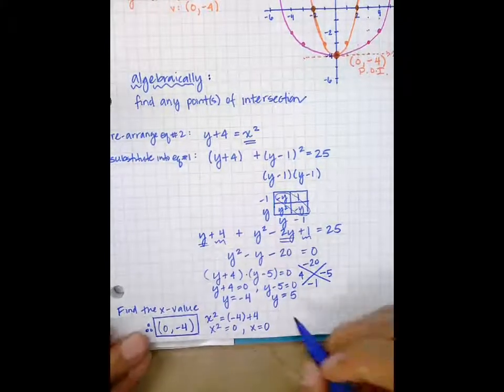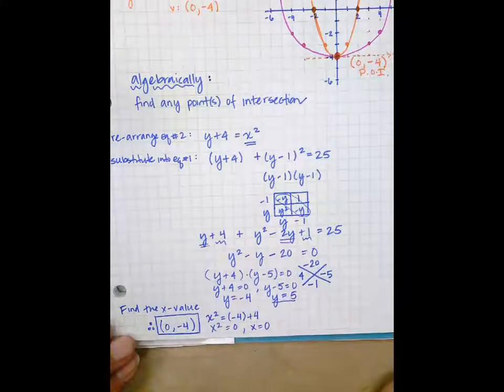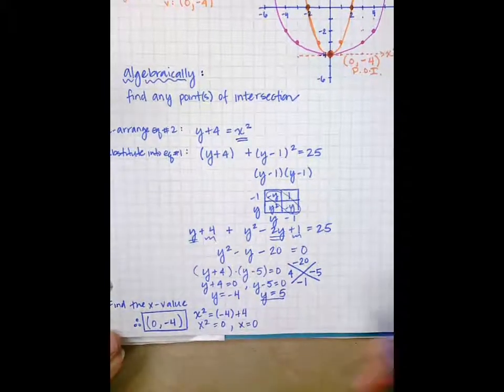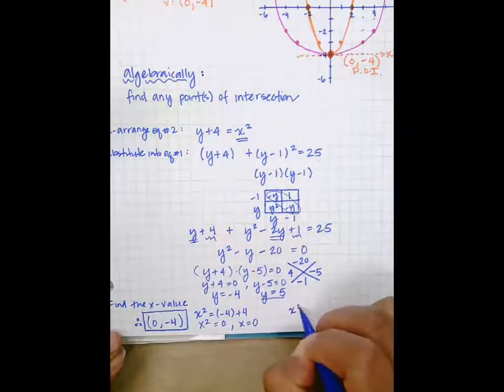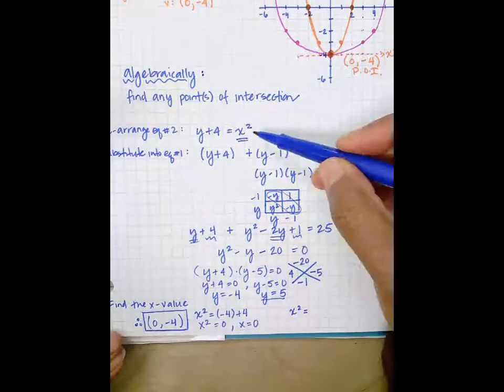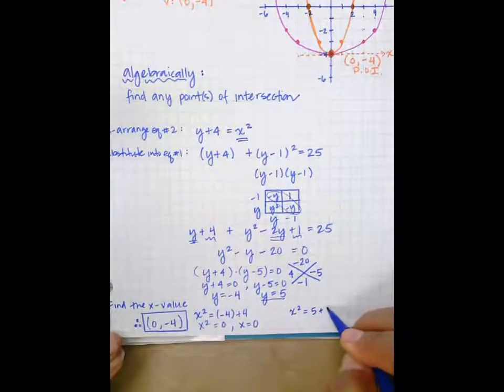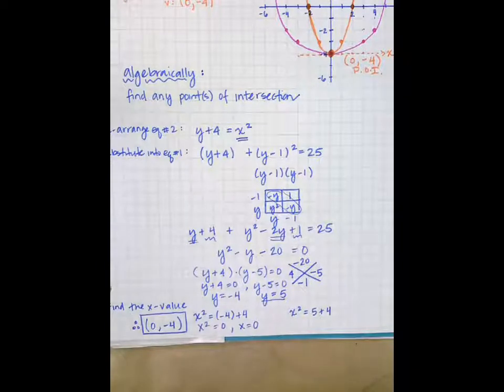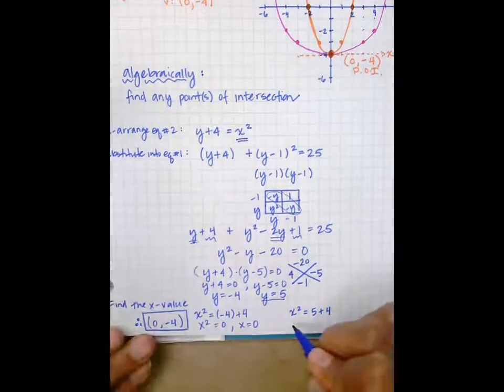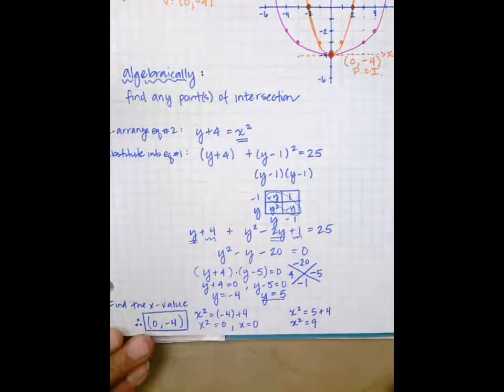But I also have other points of intersection, because I need to figure out the x values that correspond to the other y value. Again using this equation, already isolated for x squared, we have 5 plus 4, which is 9. So x squared equals 9.